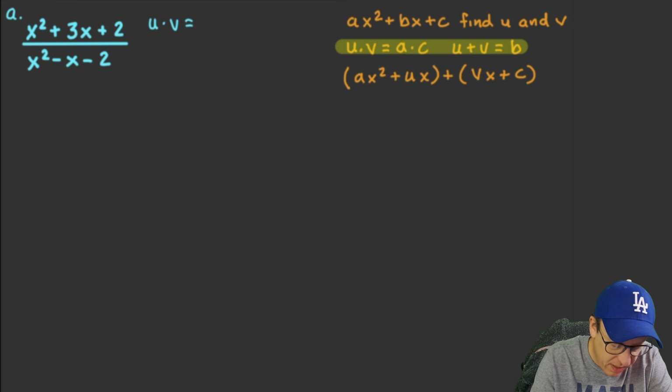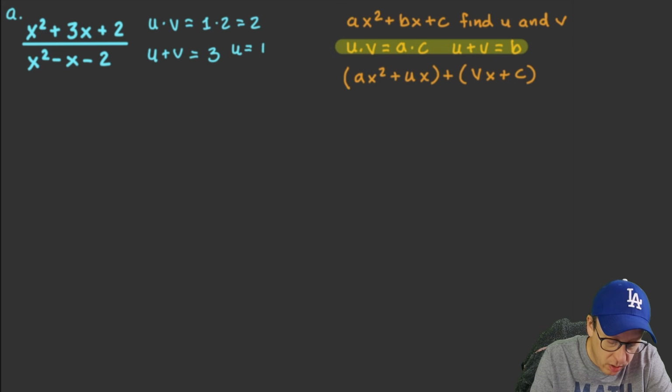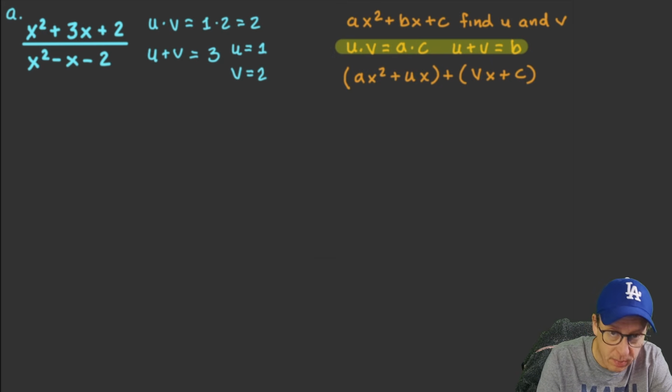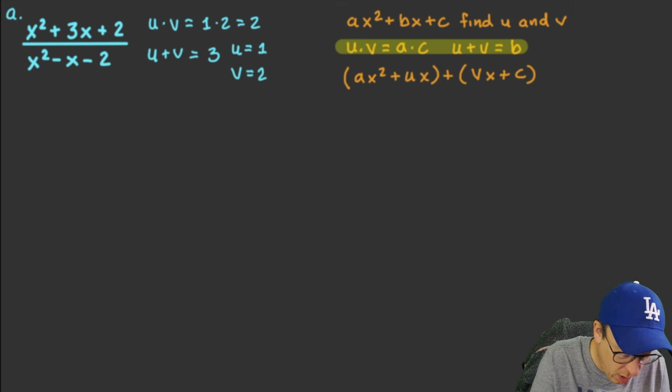This is rather simple. It's going to end up being 1 times 2 is equal to 2. And I'll keep consistent and write u plus v. U plus v is going to be equal to 3. So that means that u is going to be equal to 1, of course, and v is going to be equal to 2.